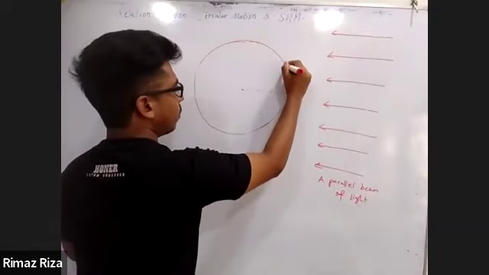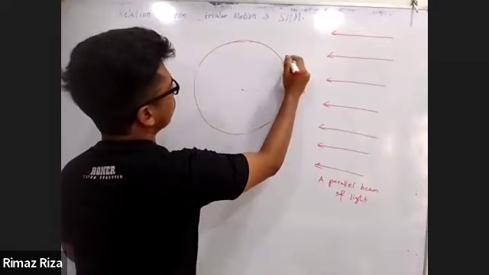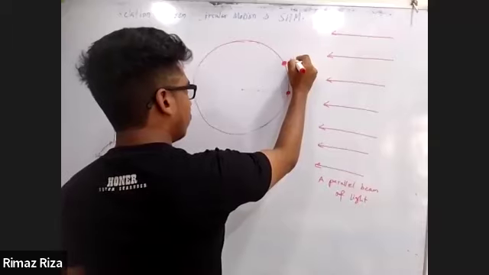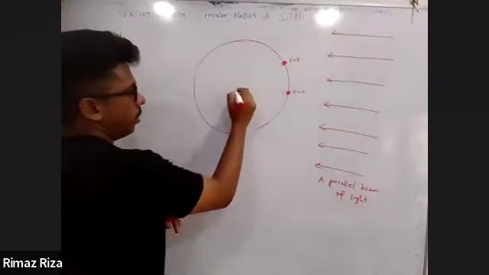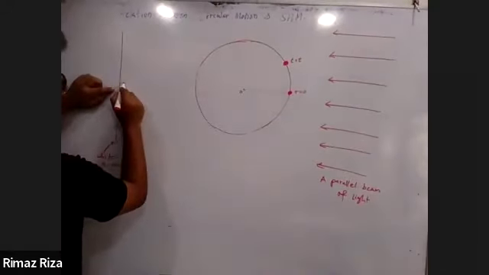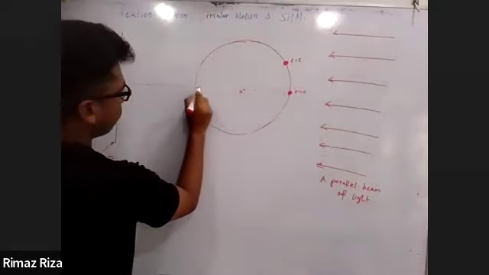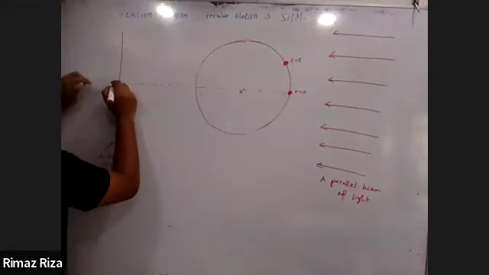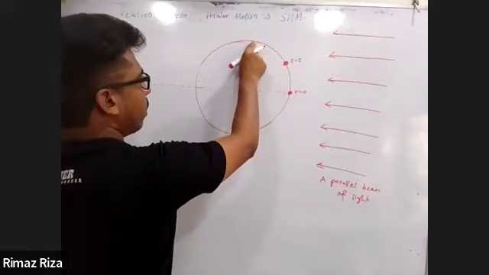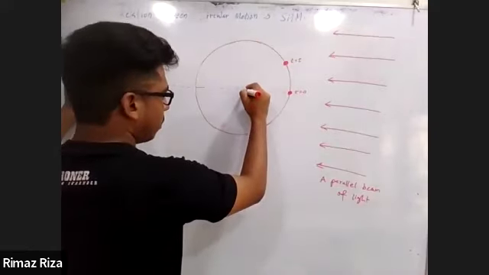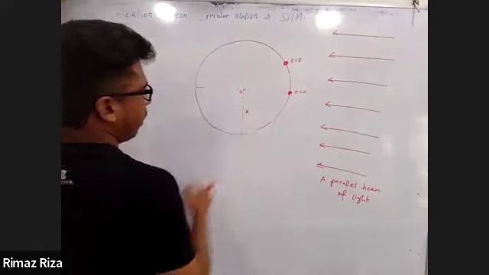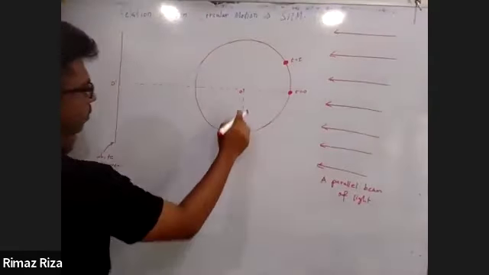But after some time, the particle has moved to here, at some general time t. O is the center of the circular path. And I draw a horizontal line through the same O. I take this point O dash. And let's consider the radius of this circle to be capital A. A is the radius.